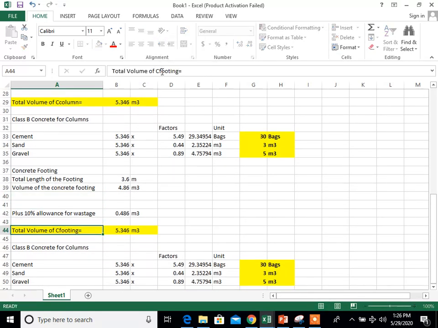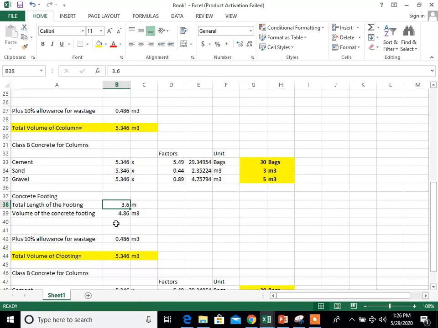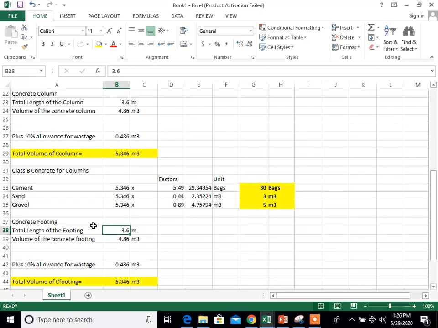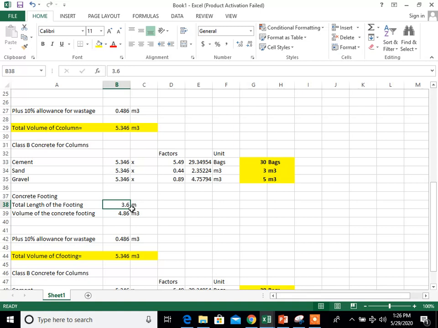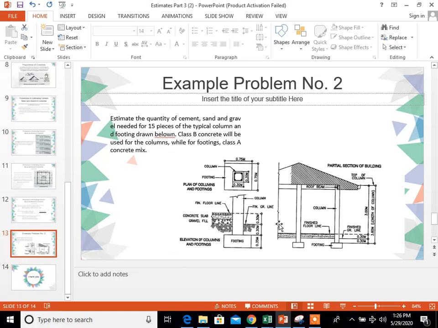So let's first determine the volume of the concrete footing. For the total length of the footing, we don't need this one. So the volume of the concrete footing, based on the figure: the thickness is 0.35, then the area is equivalent to 0.75 times 0.75.